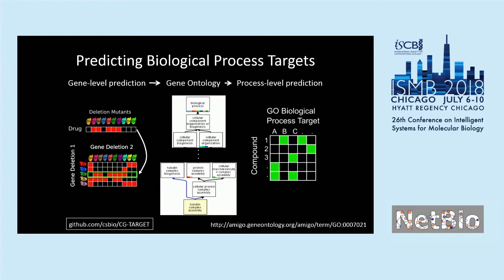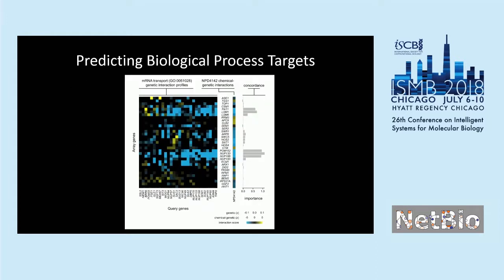To be a bit more concrete about what happens here, I will show you an example of a compound, NPD4142. Its top process prediction was mRNA transport. The chemical genetic interaction profile is here, with blue being the negative interactions and yellow being the positives. On the left, we have the genetic interaction profiles for the genes that map to this particular GO term.